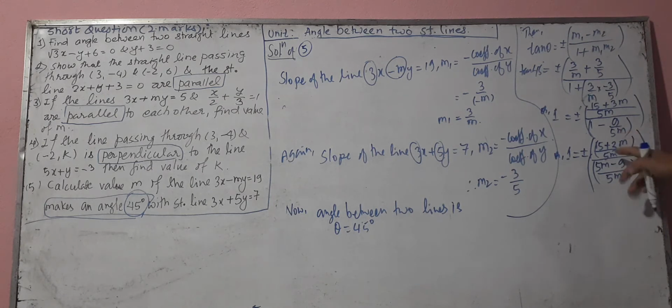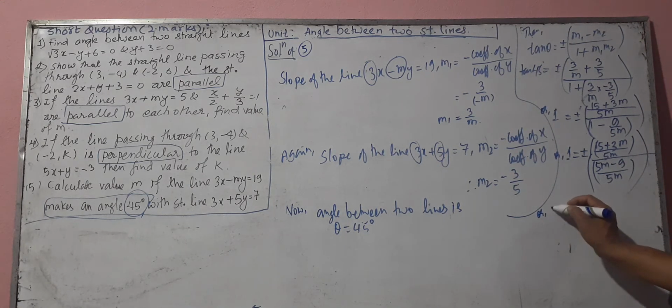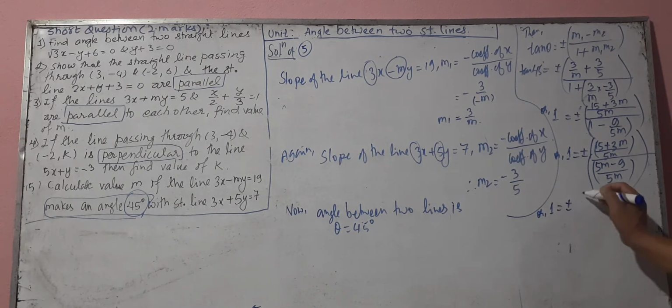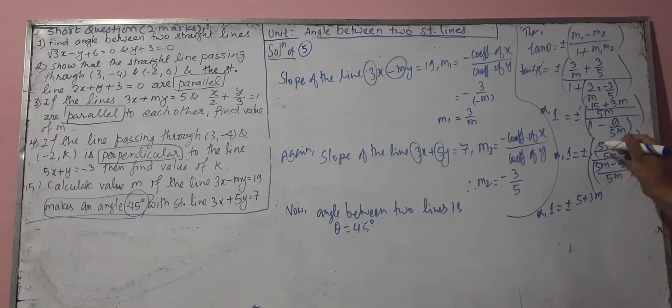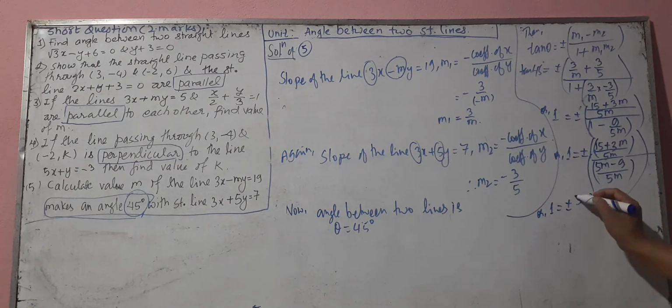Now we have the numerator and denominator both in fractions, so when we divide them we get 15 plus 3m by 5m into 5m by, we just multiply by the reciprocal of the denominator.